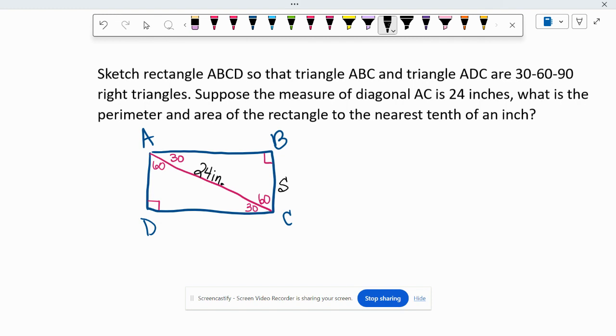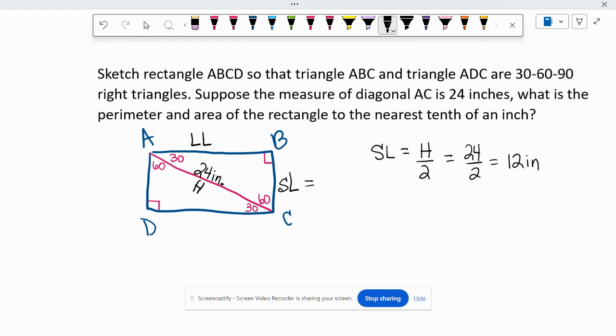Well, I need to figure out what the short leg is, and I need to figure out what the long leg is. That diagonal is actually equivalent to my hypotenuse. So what's the 30, 60, 90 rule if you know the hypotenuse and you want to find the short leg? So the short leg equals the hypotenuse divided by 2, which is 24 divided by 2, which is 12 inches.